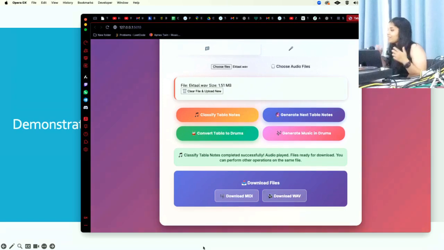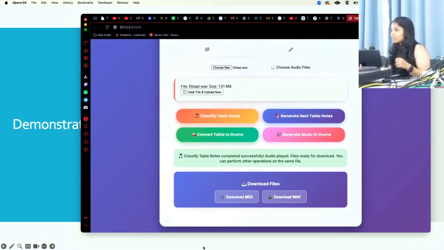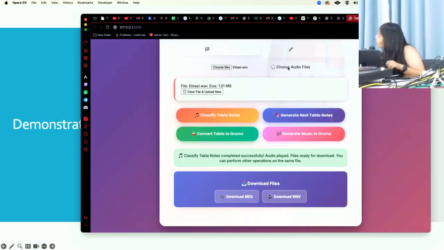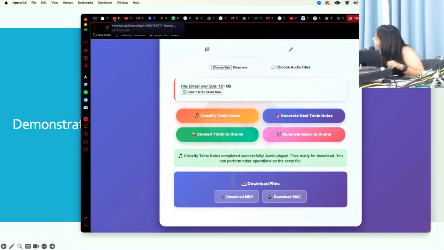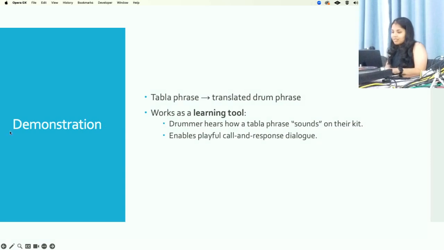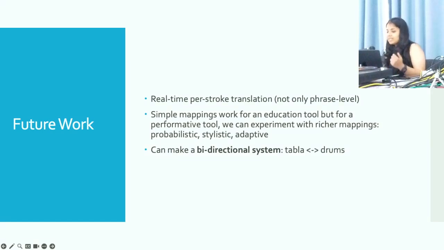And hopefully, if I make the timing and the response rate faster, then it can be used as a performative tool as well. And as I said, the idea is to make it more real time and faster.